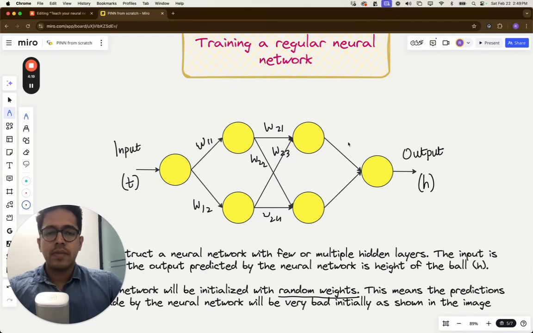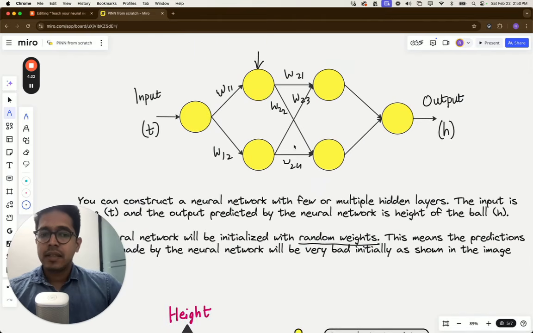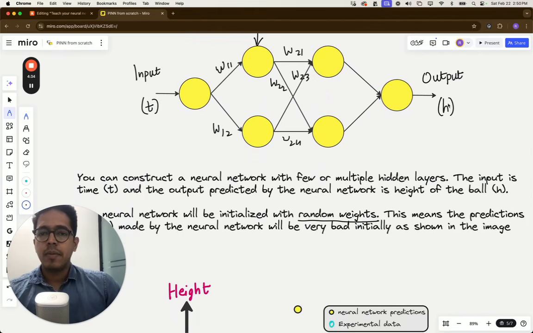So you have all these weights. Here also there will be weights and there will be an activation function. But the values of these weights, and sometimes if biases are also present, which are all parameters which define your neural network, are initialized randomly. And what that means is, for random weights, the prediction also will be random.